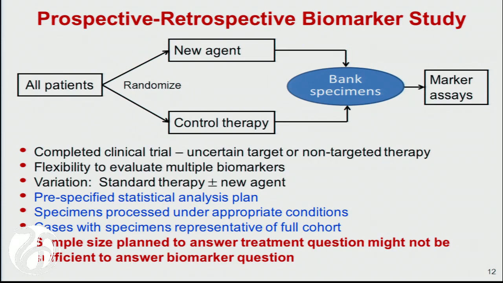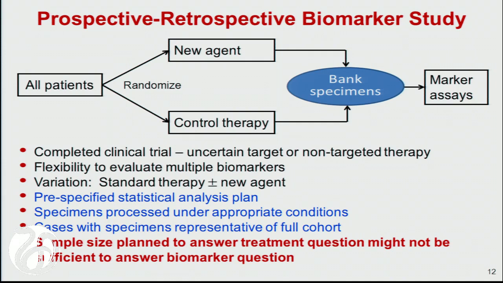And in fact, this can be a very valuable approach. If you use the specimens wisely, and you have very carefully defined, pre-specified statistical analysis plans, you're careful about how you do your assays, and a number of other features, you can still answer some important questions operating in this kind of mode.